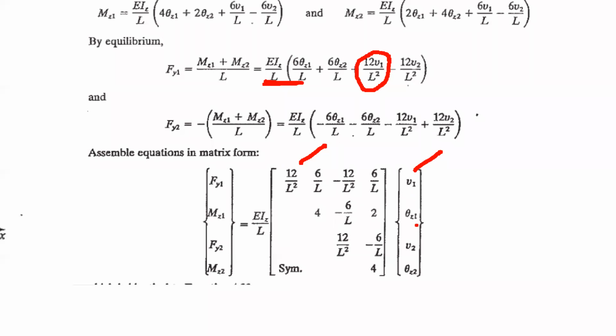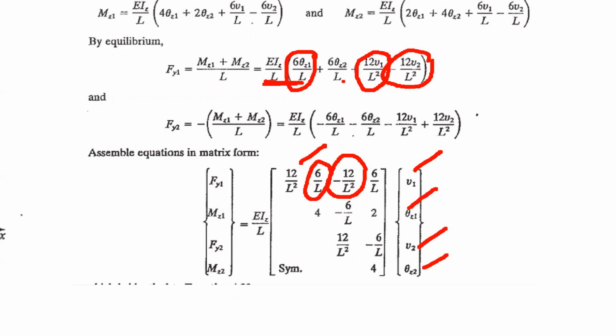In terms of theta Z1, Fy1 is 6 theta Z1 over L. In terms of V2, it is negative 12 over L squared times V2. And lastly, in terms of theta Z2, it is 6 theta Z2 over L.